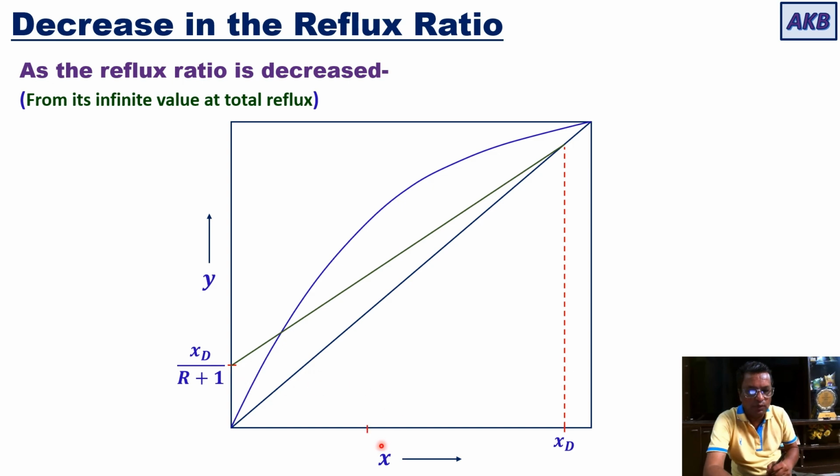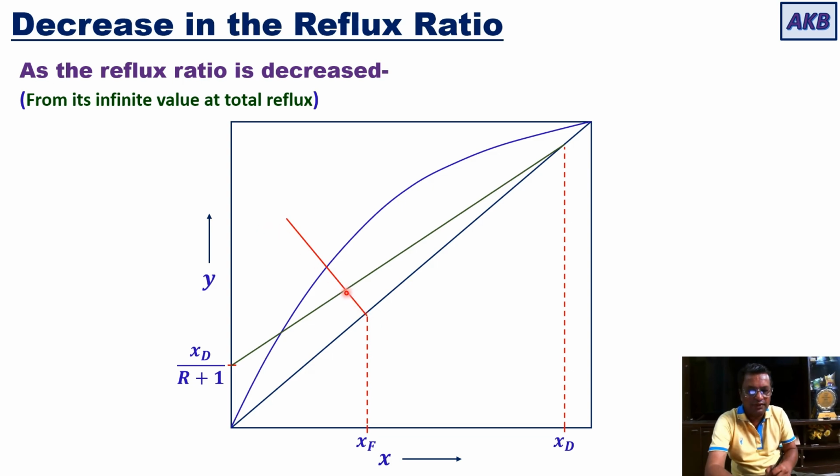Then the Q line starts at a point which has coordinates of xF, xF on the diagonal line. Depending on the feed condition, it will be positioned in different ways. For example, for partially vaporized feed, it will have a negative slope and it will look like this, or it will be positioned in this way.